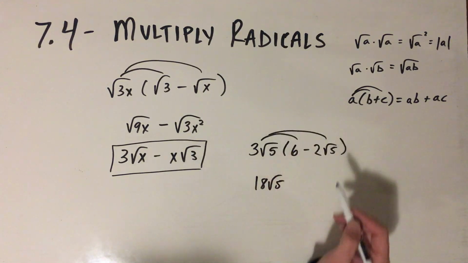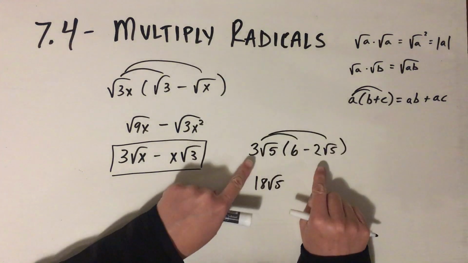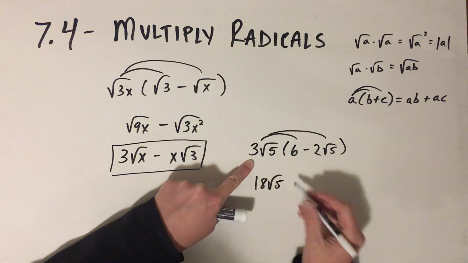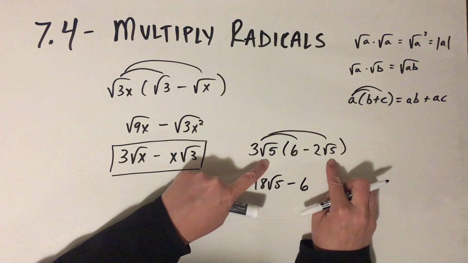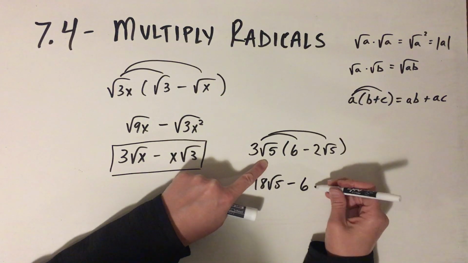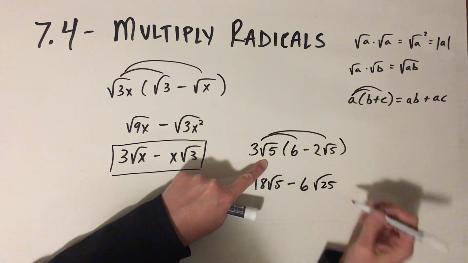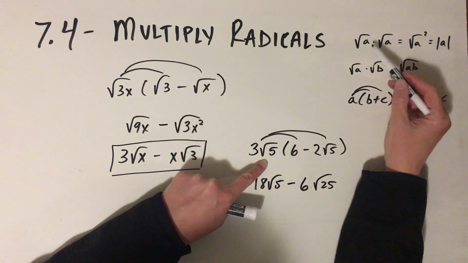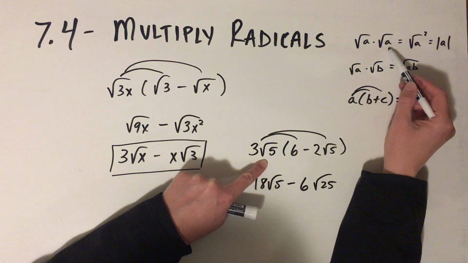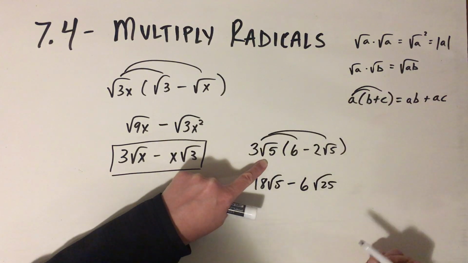When I go to these terms, though, I've got this 3 and this negative 2 on the outside. That is going to give me a negative 6 on the outside. The square root of 5 times the square root of 5 is the square root of 25. But I want you to recognize something here, that the square root of anything times that same square root is just going to give you that thing.